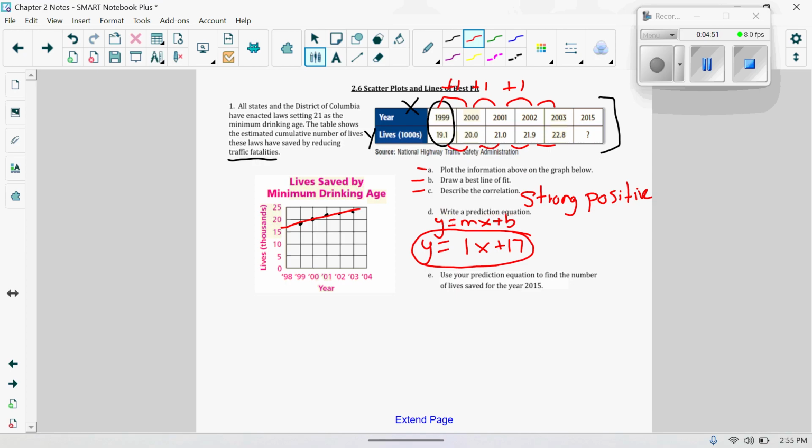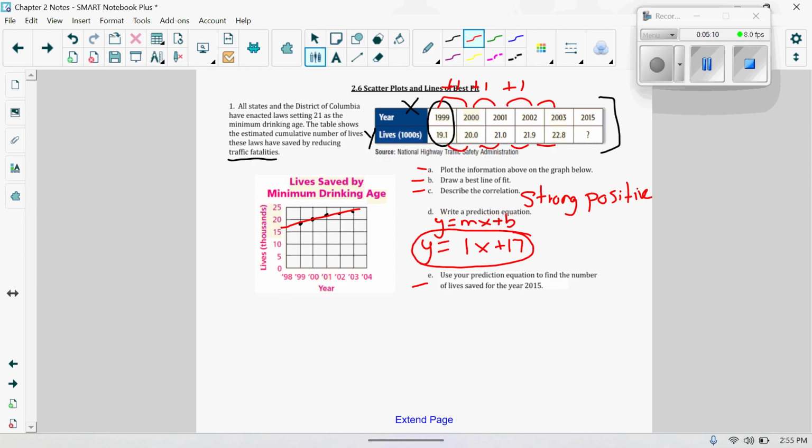And then E is saying use this equation to predict the number of lives saved for the year 2015. So our y-axis looks like it starts at 98. So we need to think how many years after 1998 is 2015?